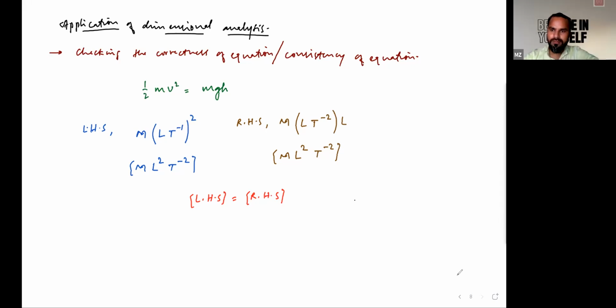Okay, the next part is, Kezia, done? Yes, sir. Suppose there is written 3/2 mv square and there is written 5 times mgh and there is an equals sign in between them. Whether this equation would be equal on the basis of dimension or not, you may calculate and you'll find they two would be equal.